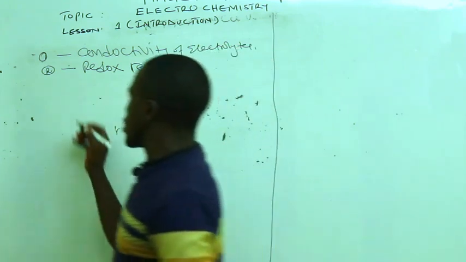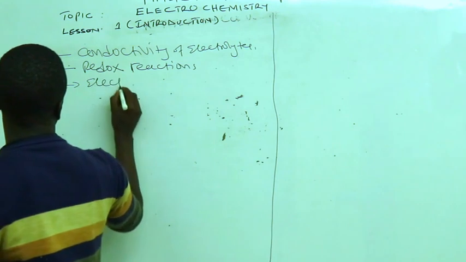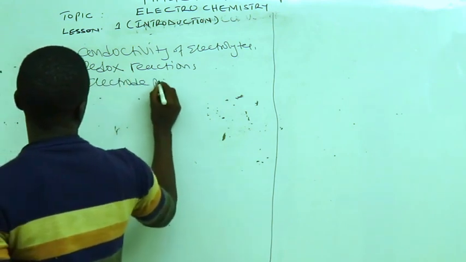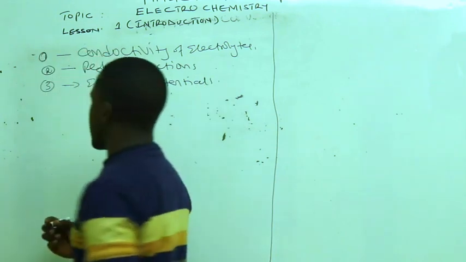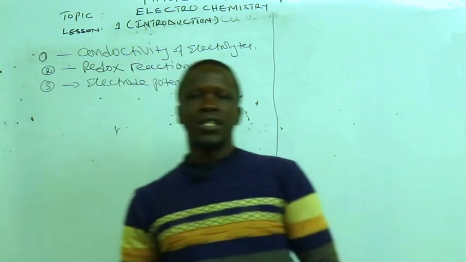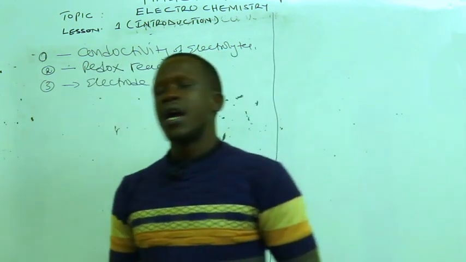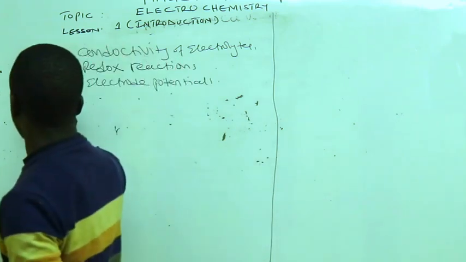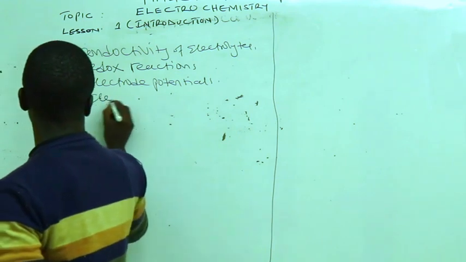Also, we shall have a look at what we call electrode potentials. We shall understand what we mean by electrode potentials. Then we shall also have a view on electrochemical cells.